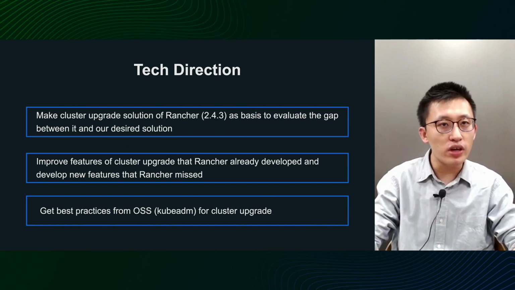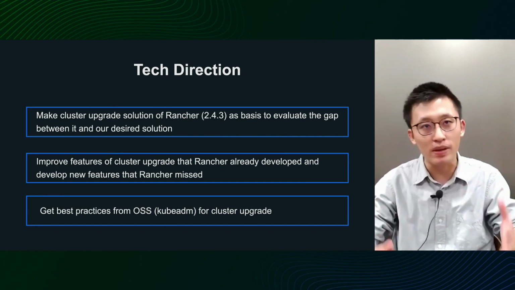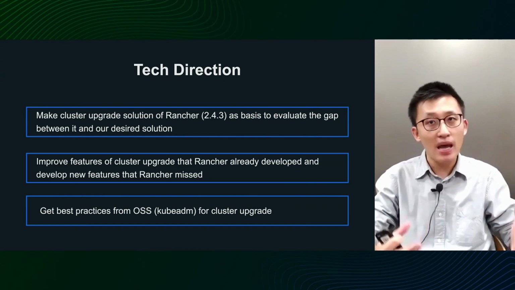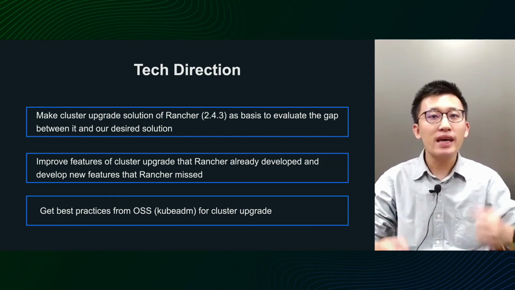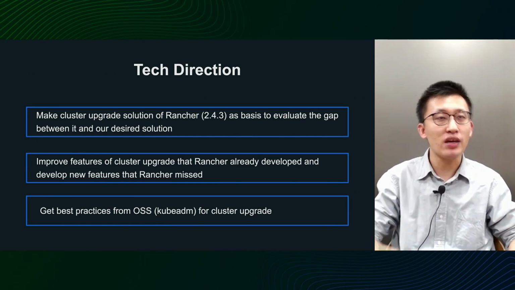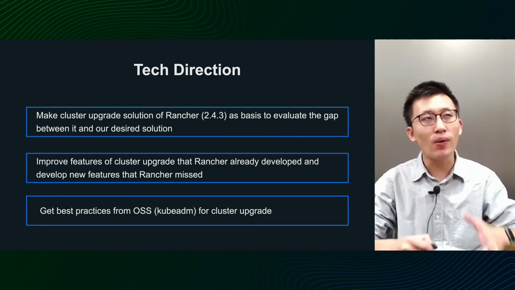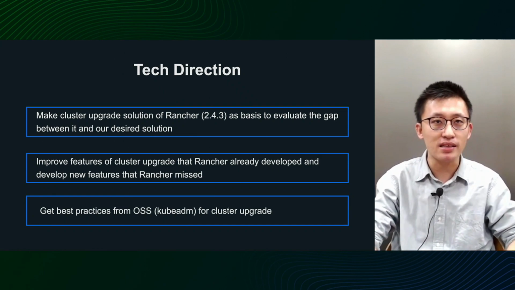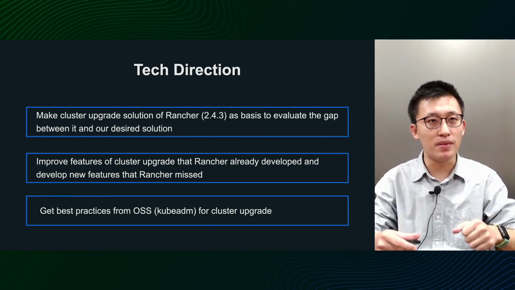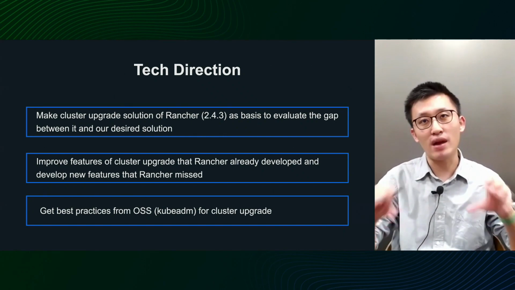If there is any feature that Rancher totally missed, that we want to have but Rancher doesn't implement, like API compatibility checking, we can implement it as a totally new feature by using the plugin mechanism on the Rancher side. Rancher really provides a flexible mechanism for developers to implement their own business logic based on the framework that Rancher provides.